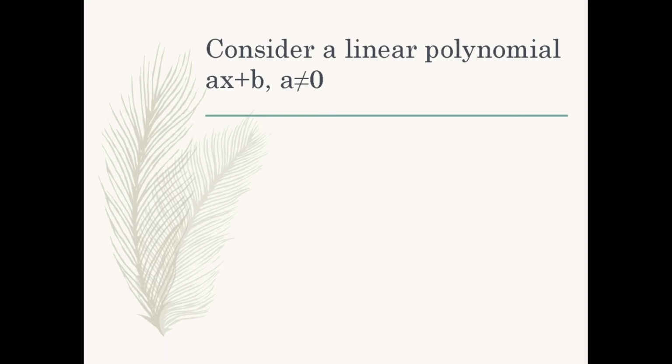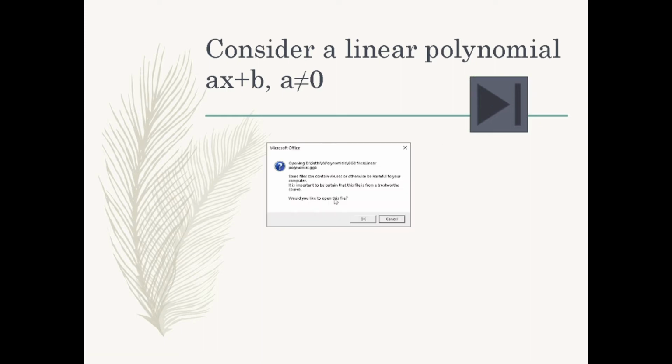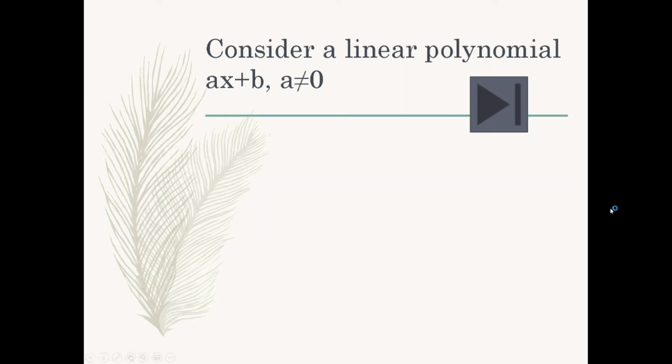Consider a linear polynomial ax plus b, a not equal to 0. In this equation, x is a variable and a and b are constants. By giving different values for a and b, we will observe what happens to the graph.